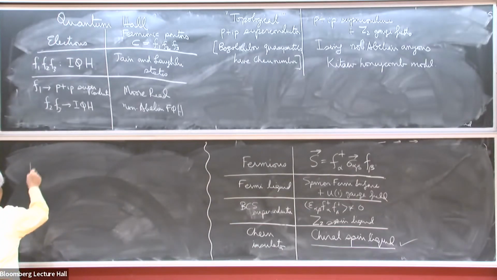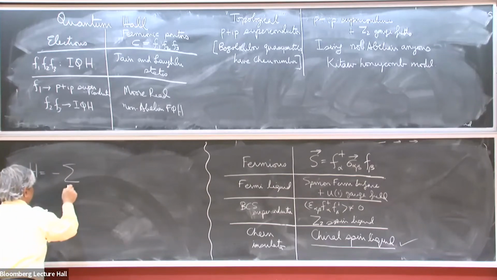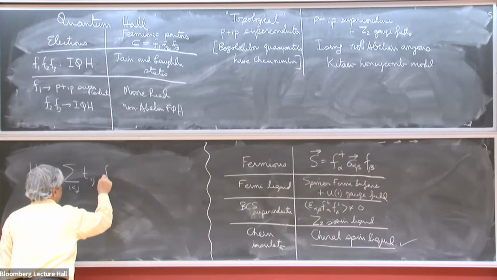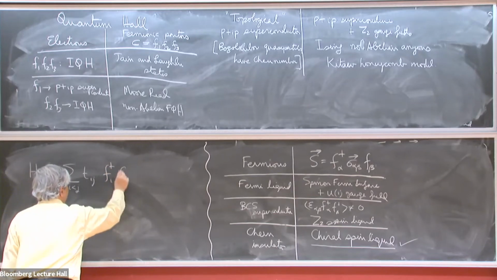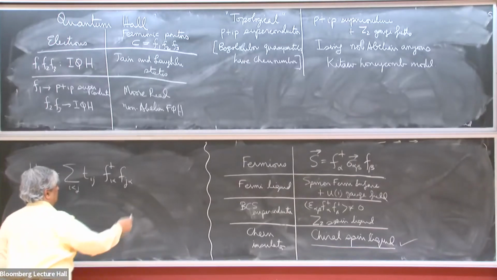That means I have some Hamiltonian for the fermions, which have some rather complicated band structure: sum over i less than j of T_ij f†_i f_j, there's also a spin index, and that's it.